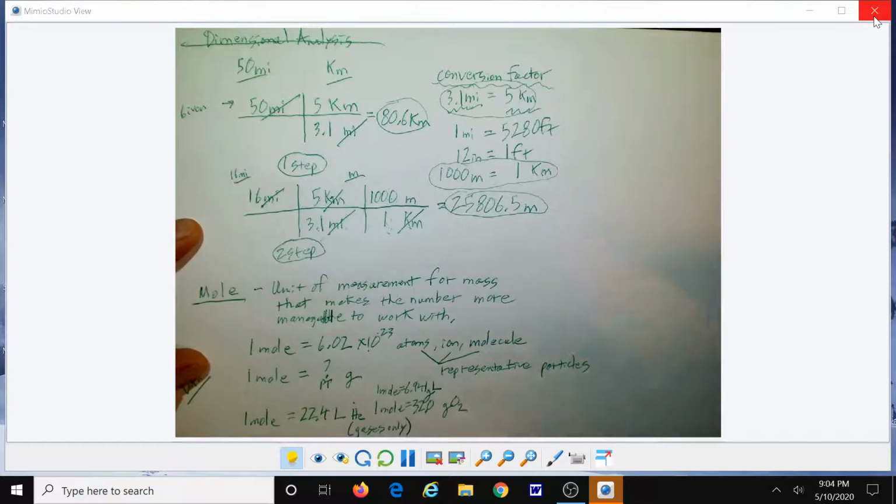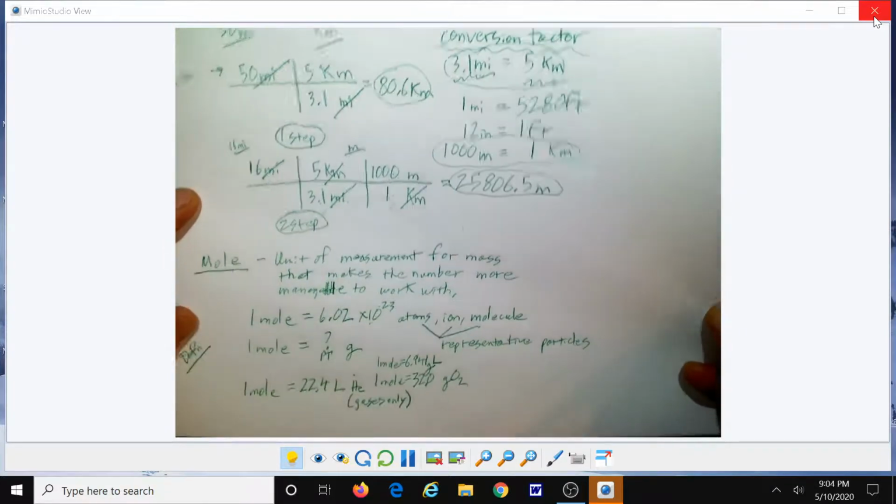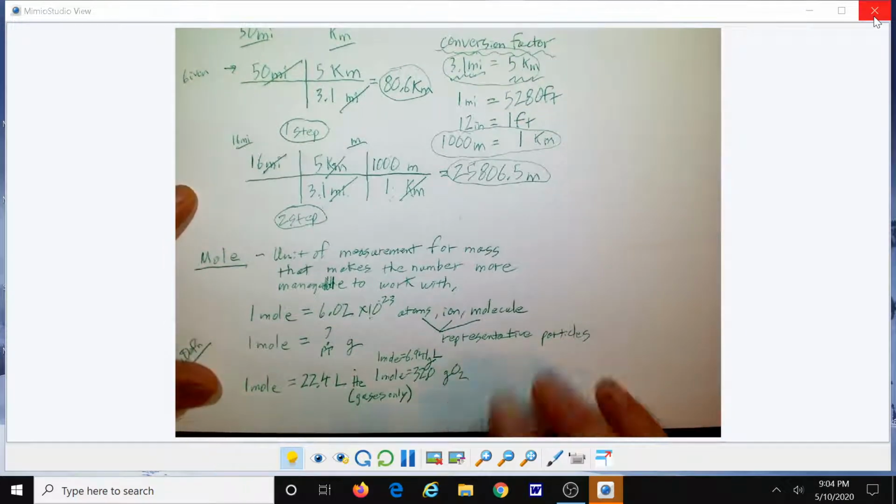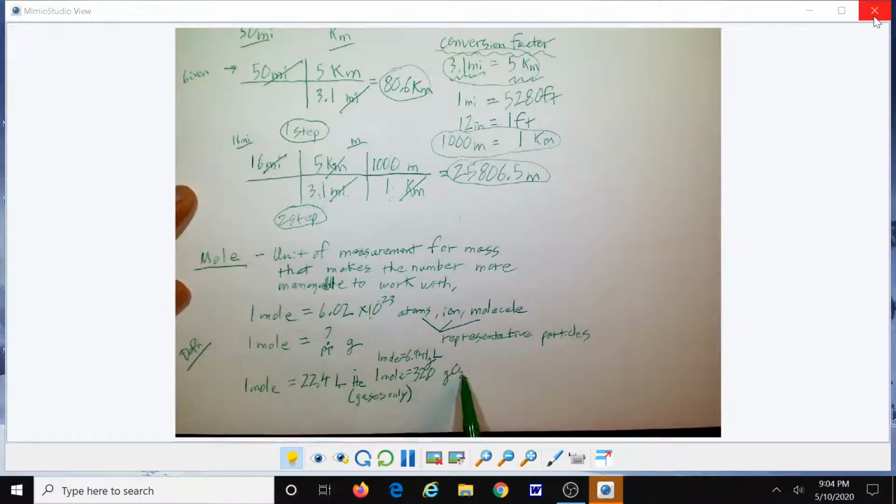But that's another lesson in the future about gas laws, all right? So just know that you can use this liter thing if you happen to be working with a gas like helium or oxygen or hydrogen, carbon dioxide, things that you know are gases, and you could use this to help you solve it if you're given a volume and you have to convert it into moles, or the other way around.